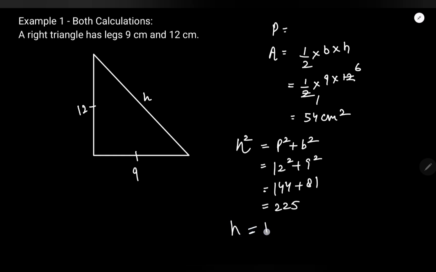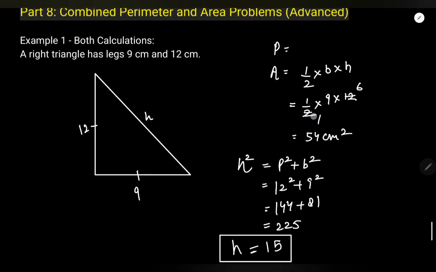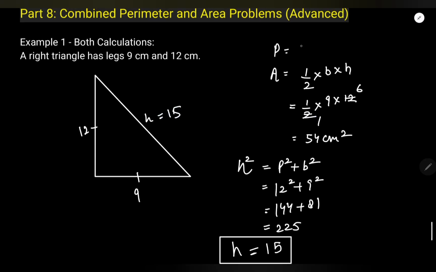Then h is equal to 15 because 225 is 15 square. So h is 15. Then perimeter will be equal to 12 plus 9 plus 15, that is 36 centimeters.